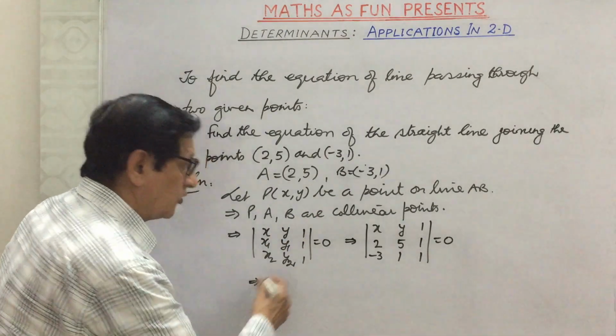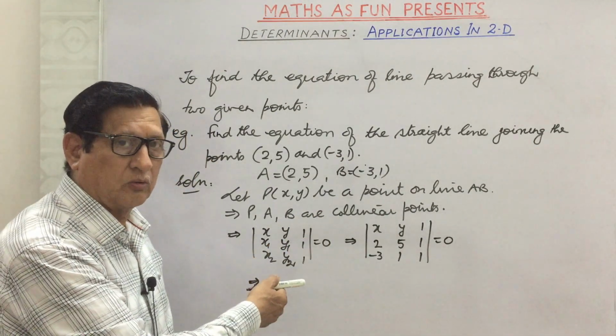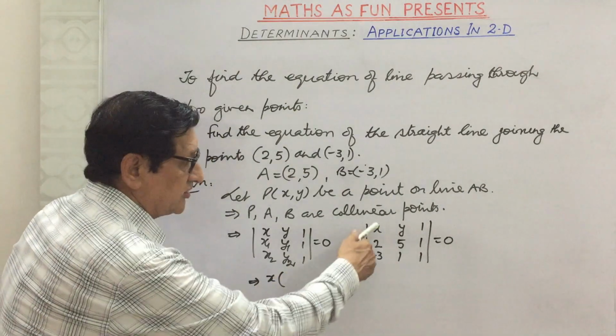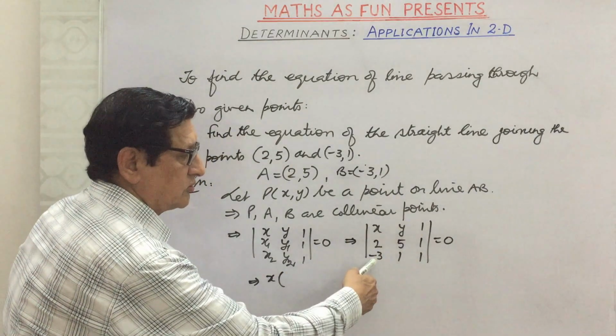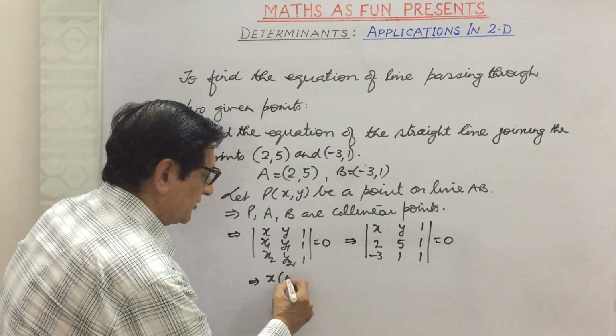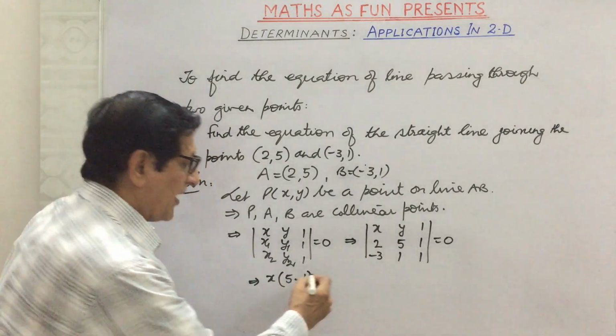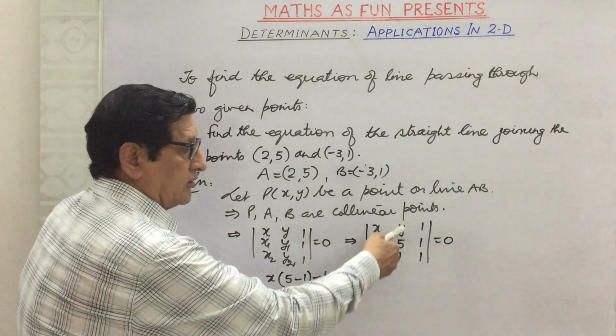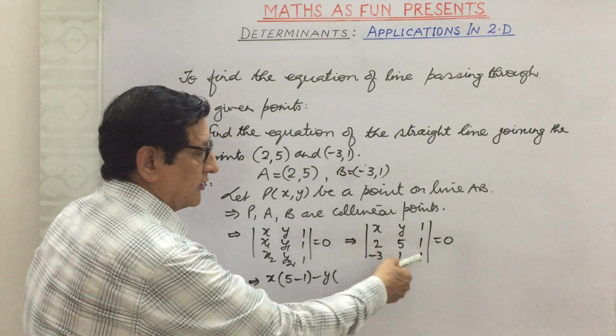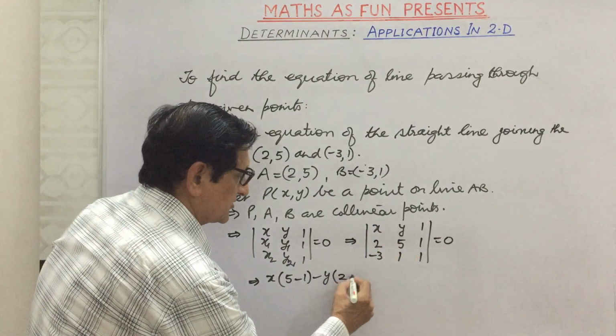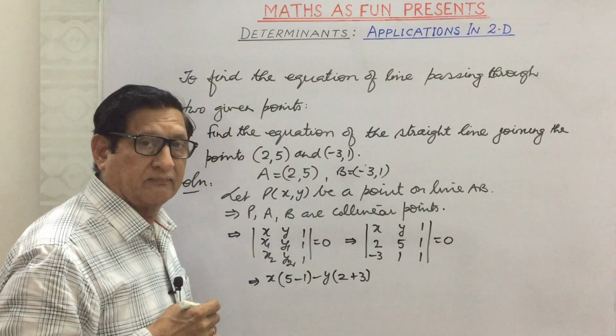Expanding this along row 1, the first row, we get here x into, leaving this row and this column, 5 minus 1. Minus y into, leaving this column and this row, 2 minus minus plus, 2 plus 3.